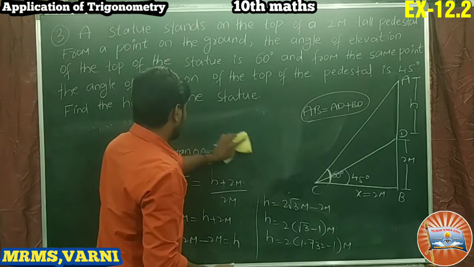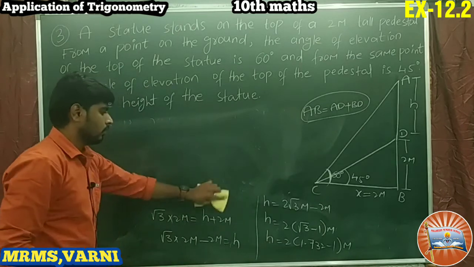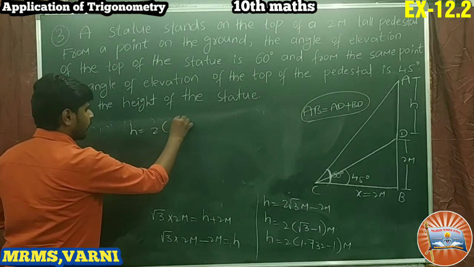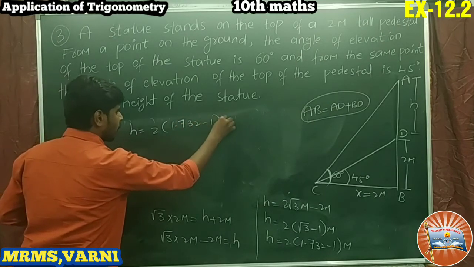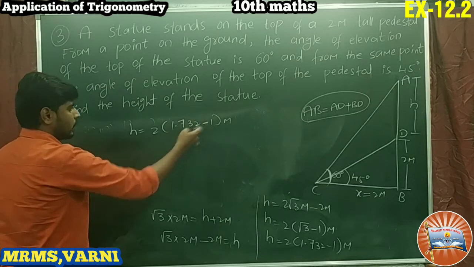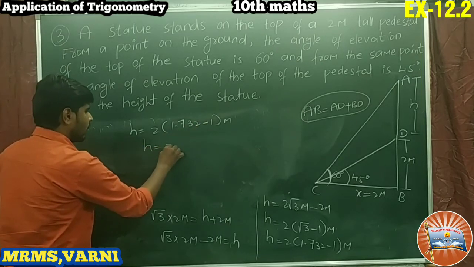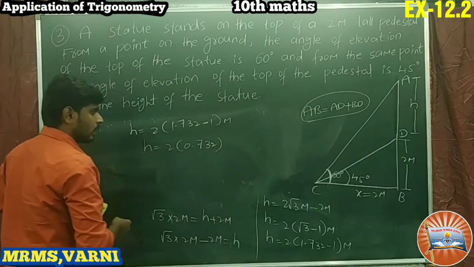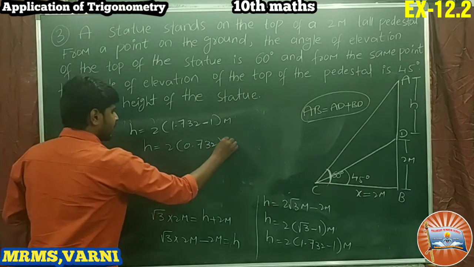Let's simplify that. So h is equal to 2 into 1.732 minus 1 meters. If I subtract 1.732 minus 1, we get 0.732 meters.